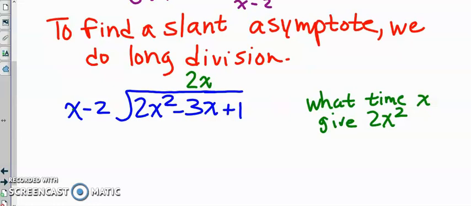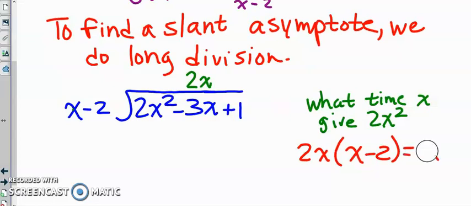With that, we're going to multiply 2x times your divisor, which will give you 2x squared minus 4x. In other words, you distribute.